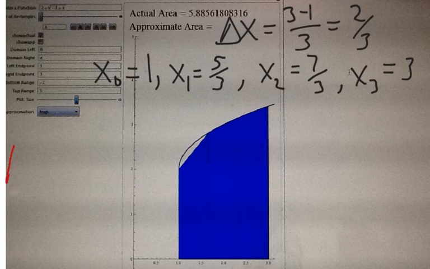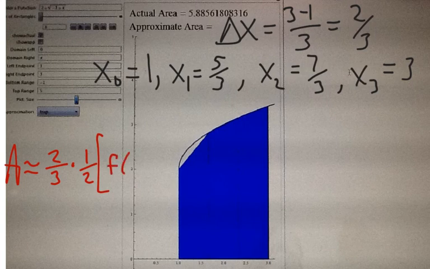So these are all the endpoints that I'm going to be using to calculate the bases for each trapezoid. So the area that we're approximating here is going to be found by, remember, as I said before, we can factor out the delta x, which is 2/3, and then we can factor out the dividing by 2, which I'm going to put as times a half here. And now all we have to do is sum the function at the proper values, the bases, over and over again.